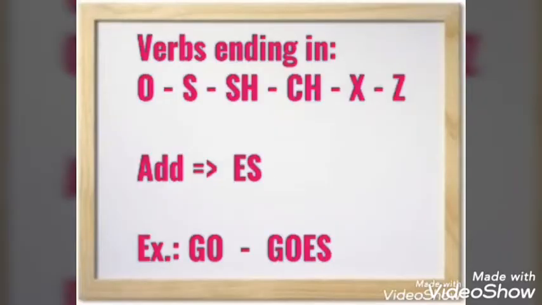Verbs ending in O, S, SH, CH, X, and Z, we add ES to the verb for the person he, she, it. For example, go.